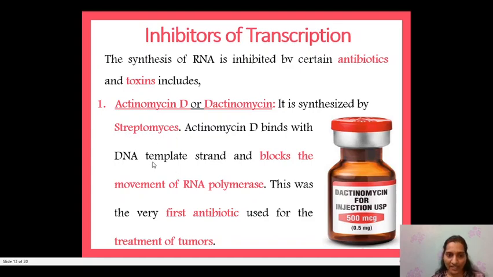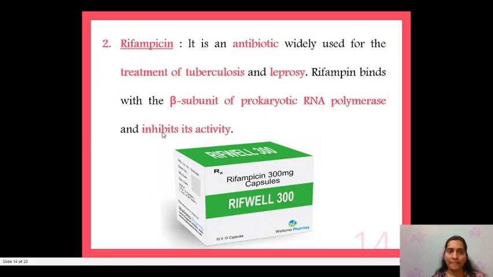It can bind to the DNA template and block the movement of the RNA polymerase, and this is the very first antibiotic used for the treatment of tumors. Another inhibitor is rifampicin. It is an antibiotic used against the diseases tuberculosis and leprosy, and it binds to the beta subunit of the prokaryotic RNA polymerase and inhibits its activity.